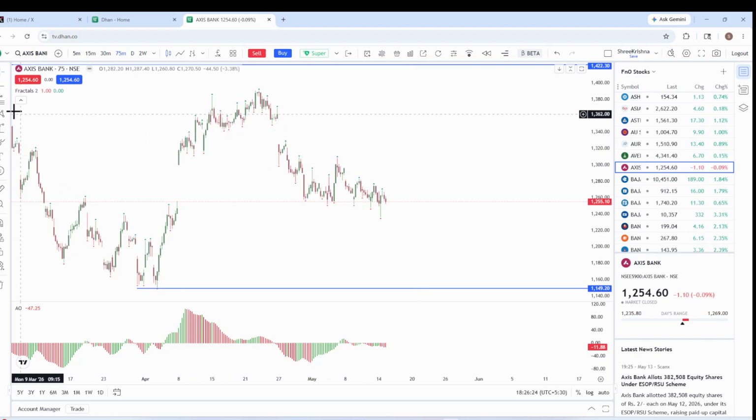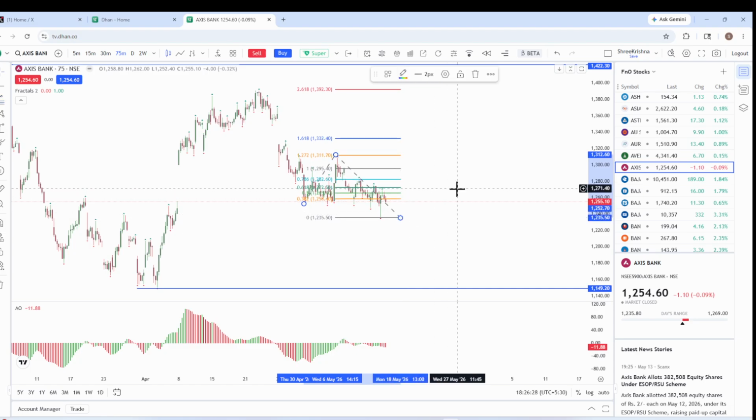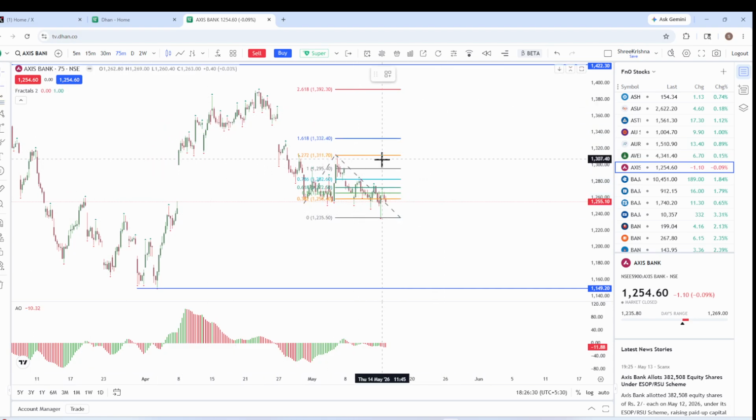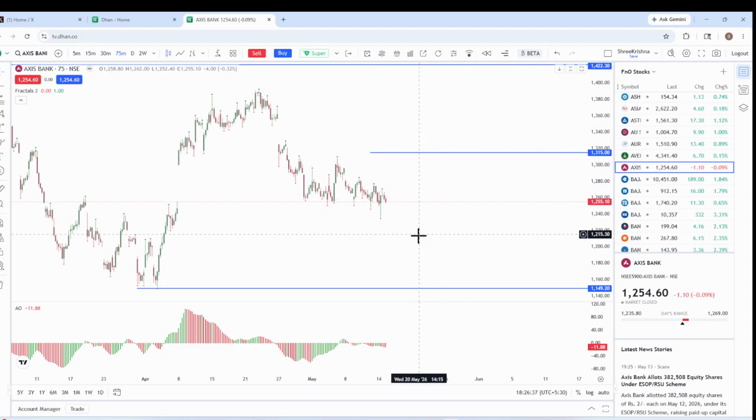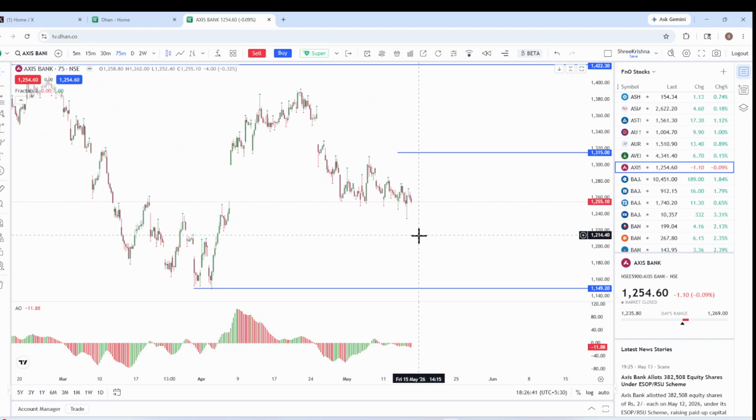अगर आप exactly जानना चाहते हो तो it is like this. It is 1270, somewhere here 1311, slightly higher than 1311, 1350. Will it go up? Yes, it will go up. A, B, C, 1, 2, 3, A, B, C, then it will come to A, B, C. It will make one more like this.